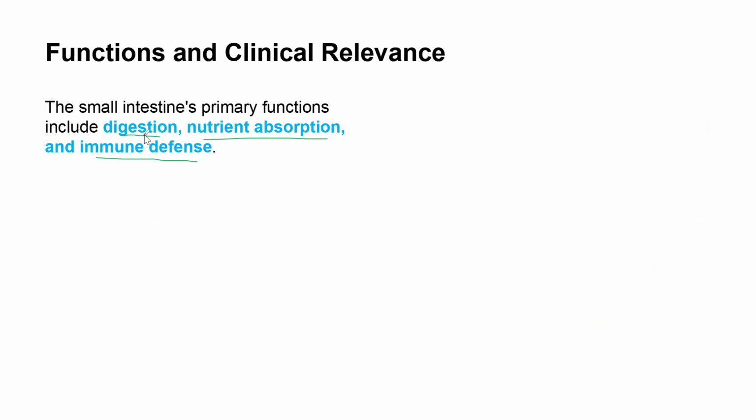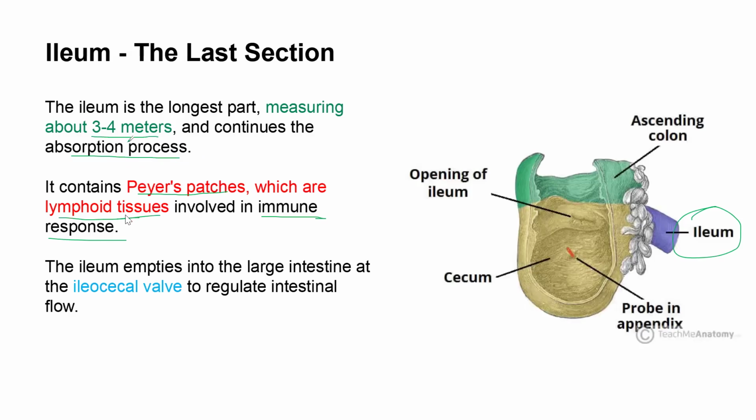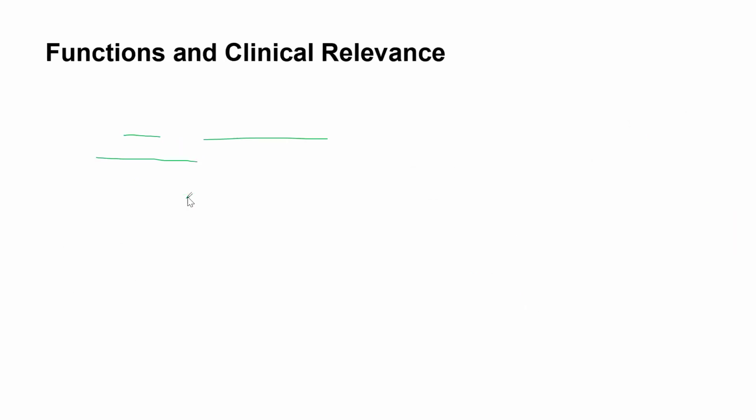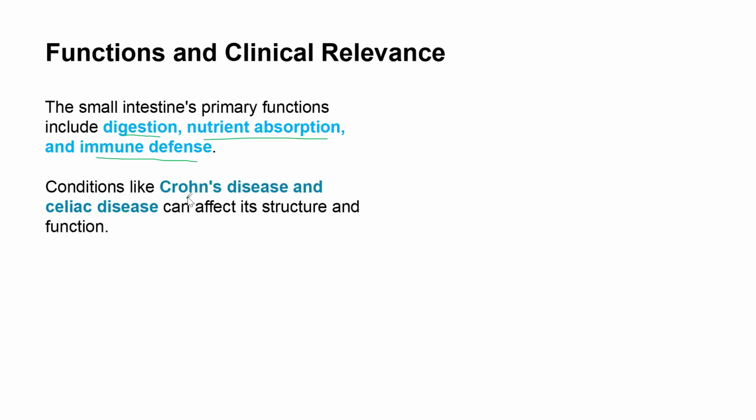Digestion takes place in the duodenum, where there is chemical digestion and neutralization of the stomach acid, and then nutrient absorption occurs in the jejunum as well as the ileum, because the ileum also continues the absorption. At the same time, the ileum contains Peyer's patches, which contain lymphoid tissue responsible for immune response.